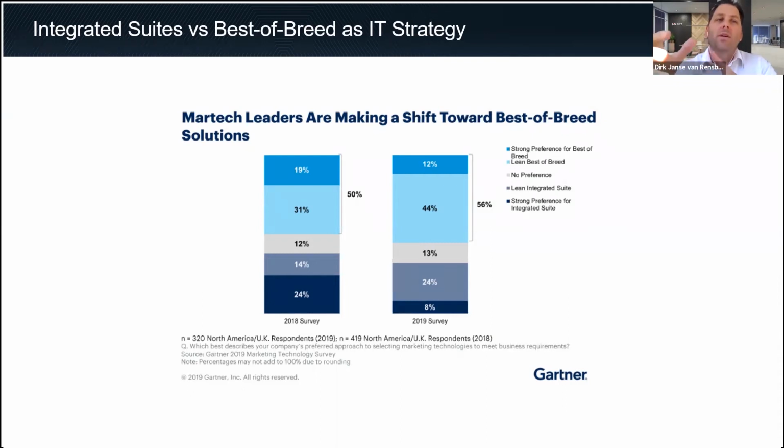And what is the best, integrated suites, where you look at large vendors actually trying to put together a very holistic and complete system that really covers all the needs of businesses, or best of breed, where you rather go out and define all your different requirements, selecting the best product for your needs, and ultimately integrating these things together.